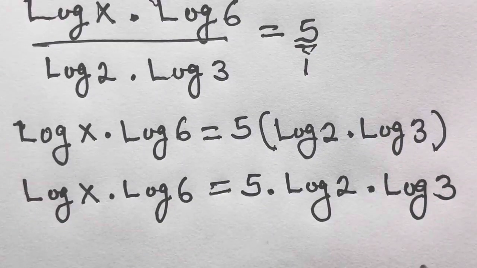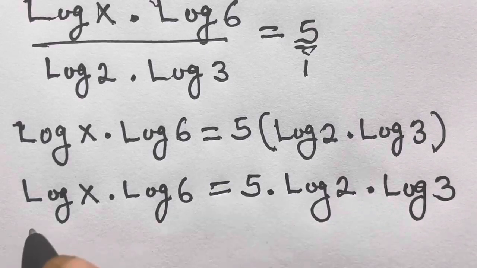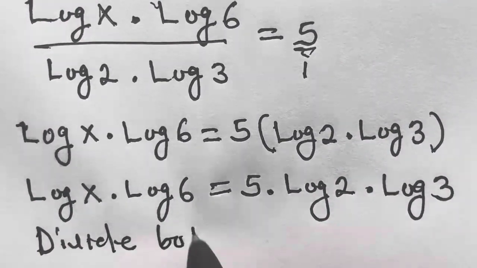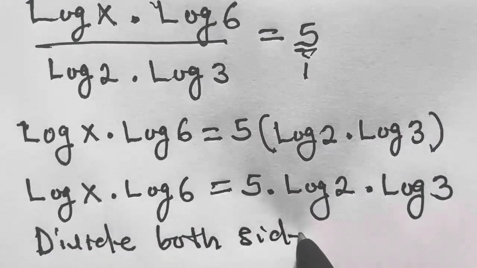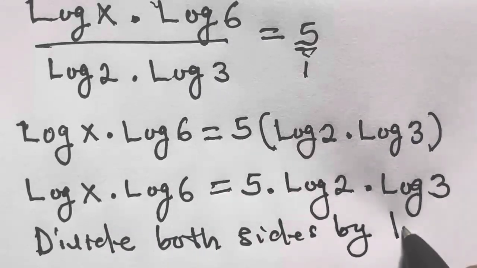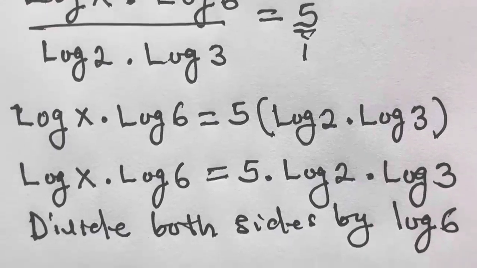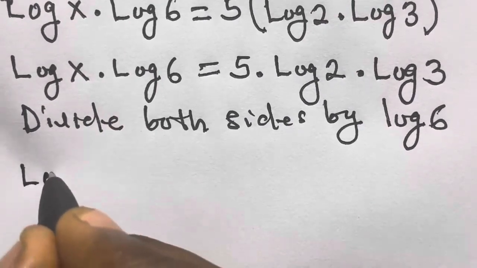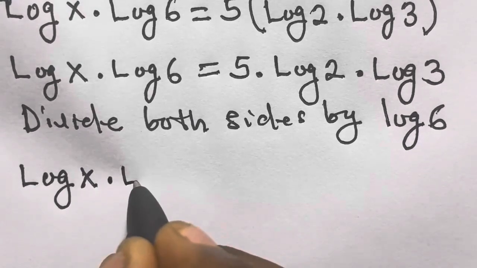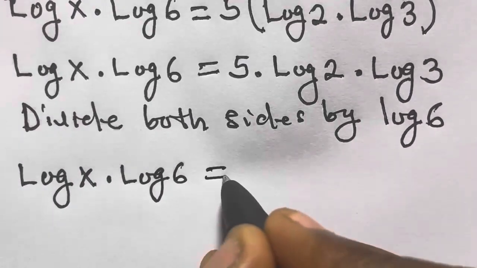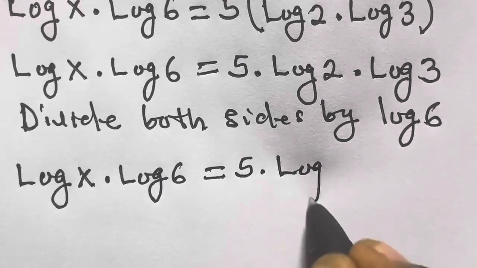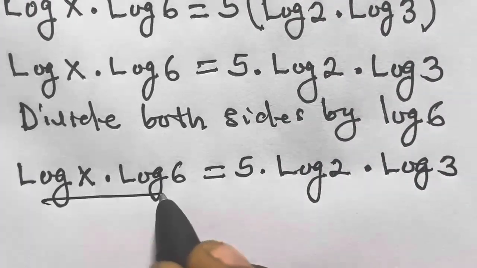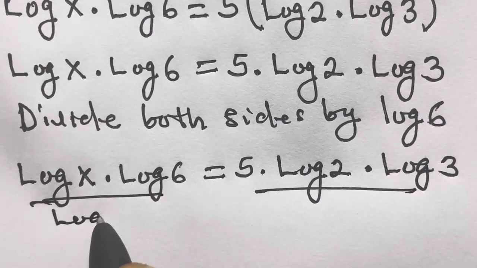From here, we divide both sides by log 6. We have log x multiplied by log 6 equals 5 times log 2 multiplied by log 3, divided by log 6.